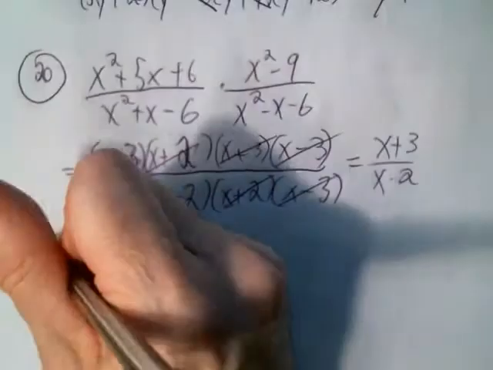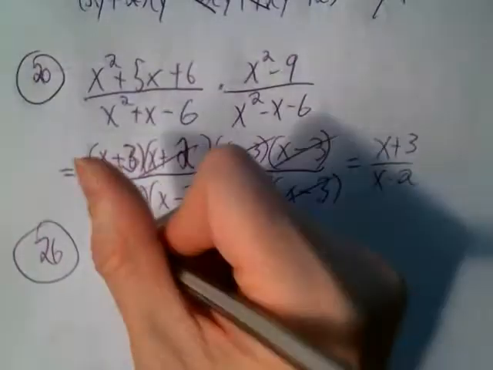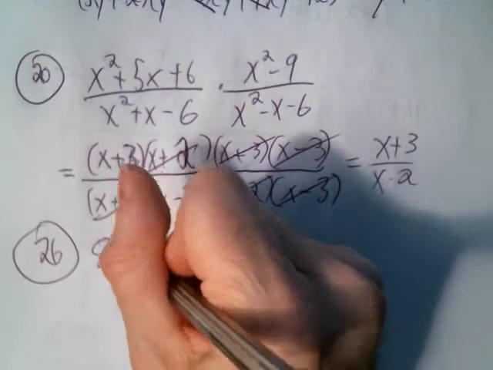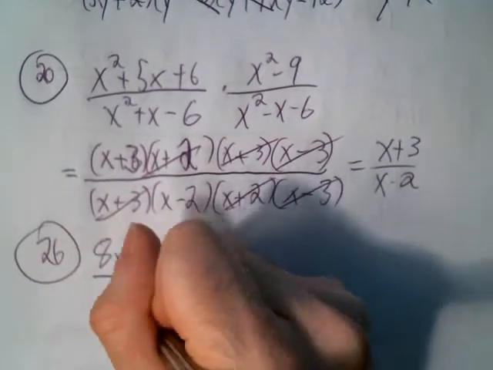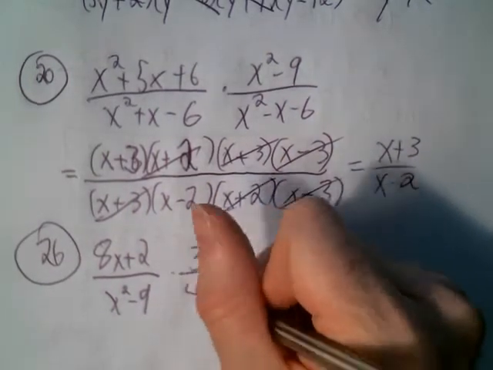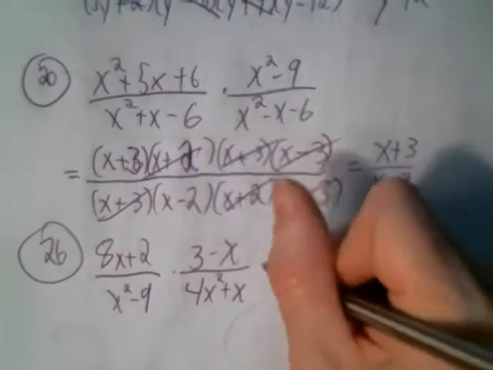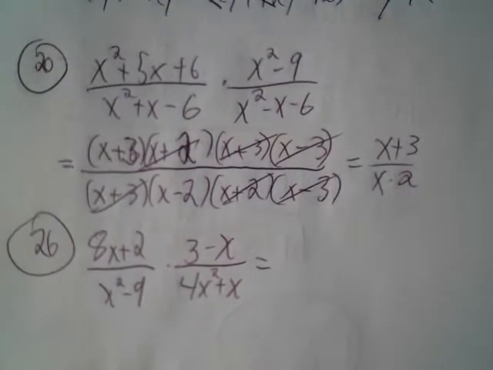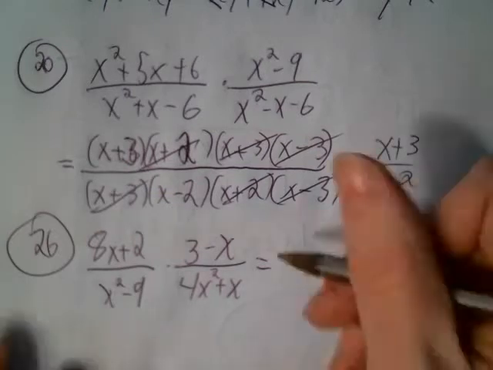All right, one more. 26, 8x plus 2, all over x squared minus 9 times 3 minus x, all over 4x squared plus x. Okay, so again, it's a matter of factoring.